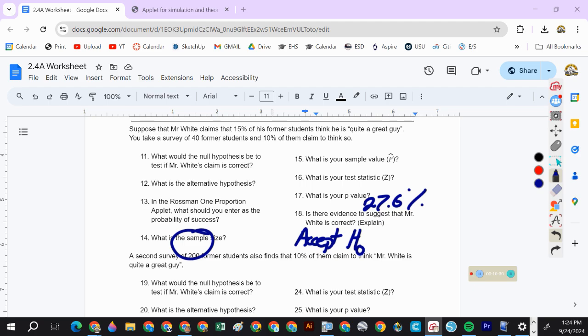Now, we're not trying to figure out exactly how many people like Mr. White. This is called a hypothesis test, and we are testing the hypothesis that 15% like me. And in this case, 15 sounds plausible because our p-value was pretty big. So we're going to accept H naught and say, yeah, it sounds like 15% like Mr. White.